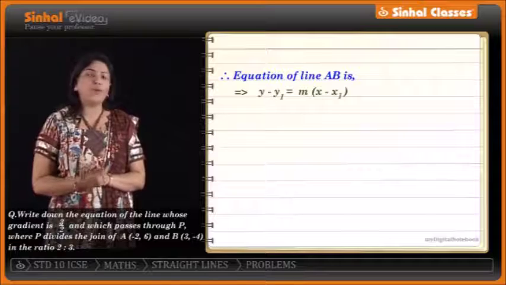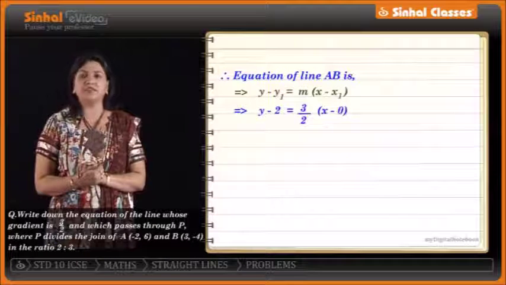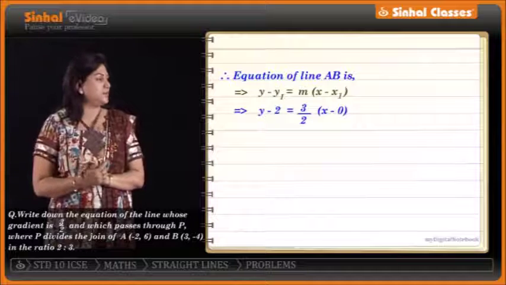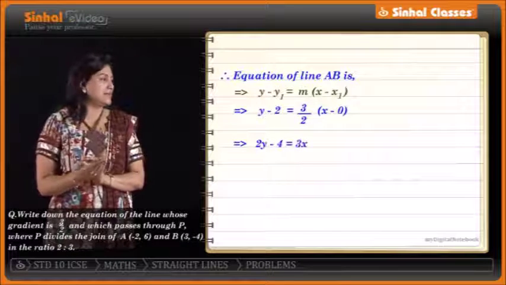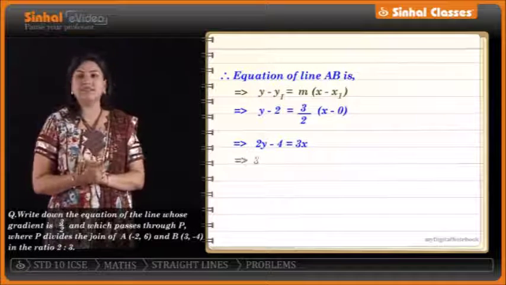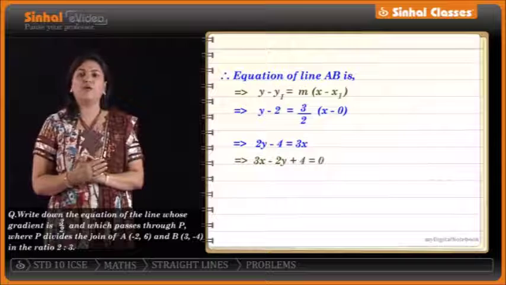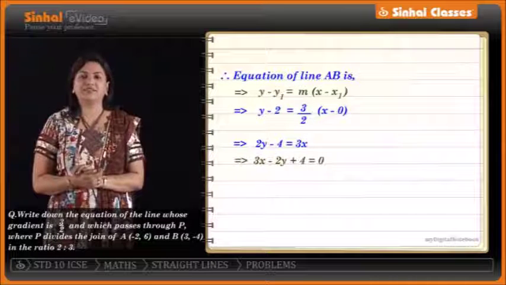We get y minus 2 equals 3 by 2 into (x minus 0). Cross multiply, 2y minus 4 is equal to 3x. Take x on one side. 3x minus 2y plus 4 is equal to 0. So this is the required equation of the line.